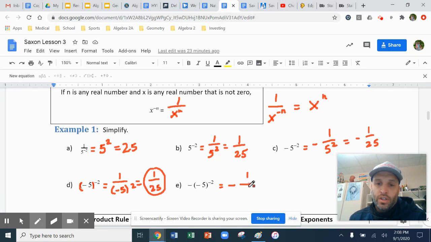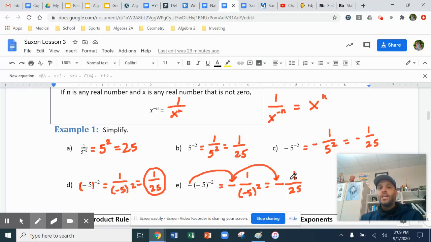So we're going to have 1 over negative 5 to the second power, and this is one we've already done. It's still 25, but the negative sign that was out in front comes to here and also goes to there. So we'd have a negative 1/25.